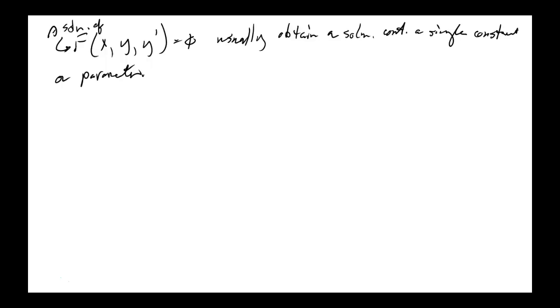Okay. Now, if you have that single constant in there, your solution set will then look like this. G of x, y, and some combination of that constant c is equal to 0. Okay?